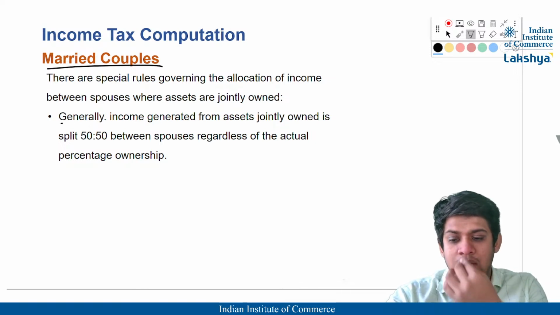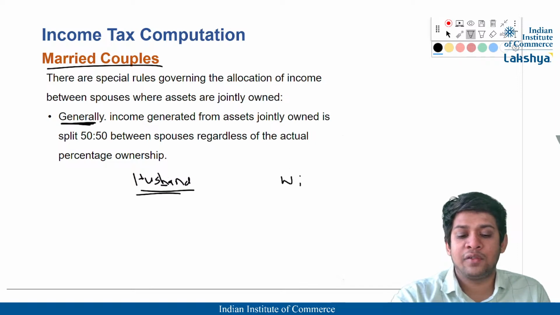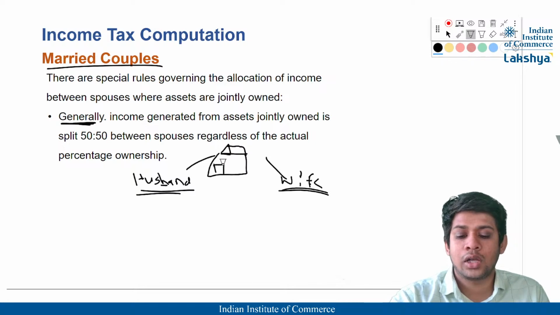And generally, if in case they own, maybe say, there is a husband and a wife. Together, they own a house. Okay. Together, they own a house. Now, that house is given probably on rent.